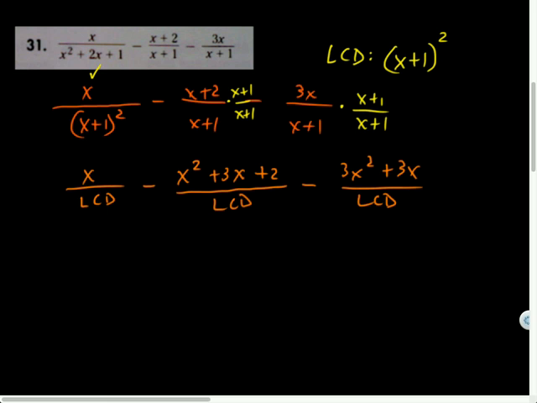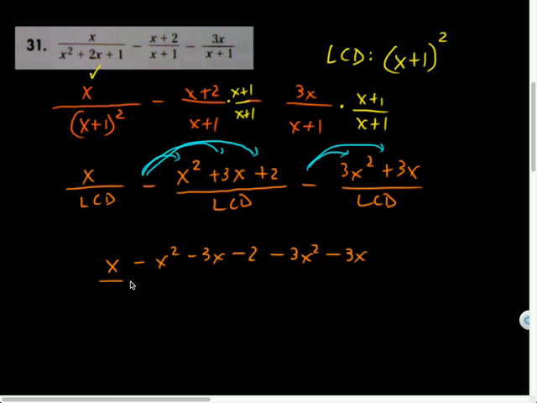And these minus signs, I'm going to have to distribute them to all of the numerator terms when I do that. So I will have x minus x squared minus 3x minus 2 minus 3x squared minus 3x all over the LCD.